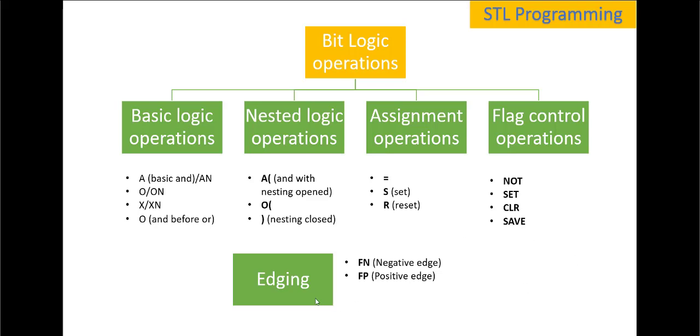Then we will talk about edging operations. And by edging, we mean the difference between a push button operation and a switch operation. A switch has two states, an on state and an off state.